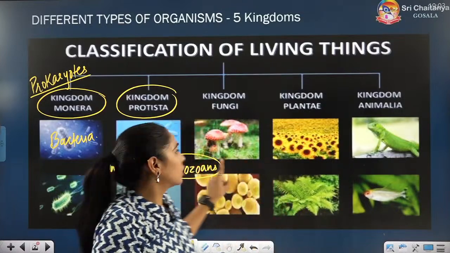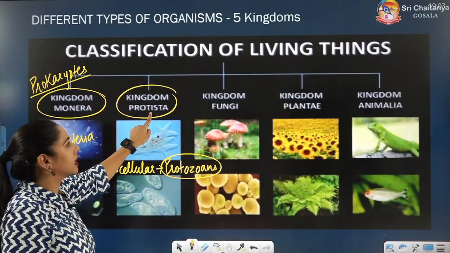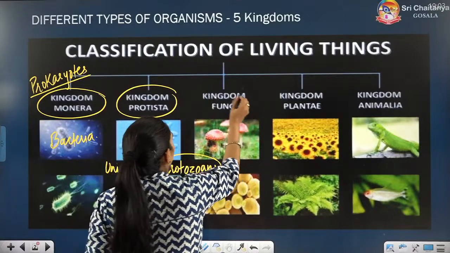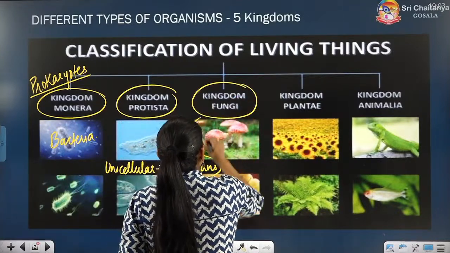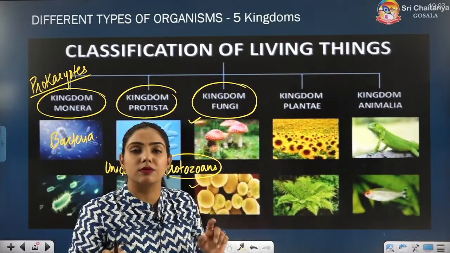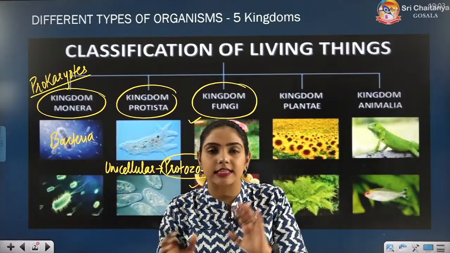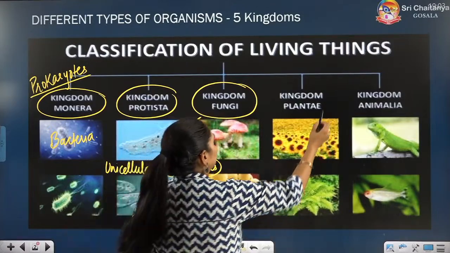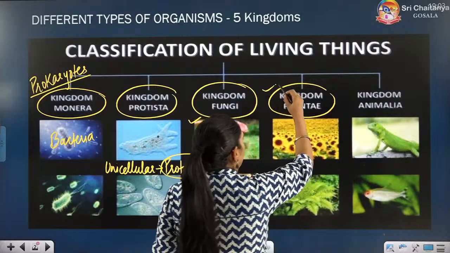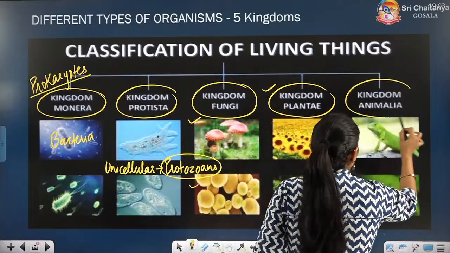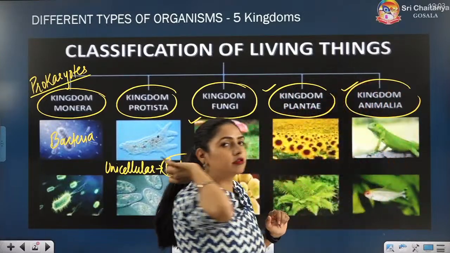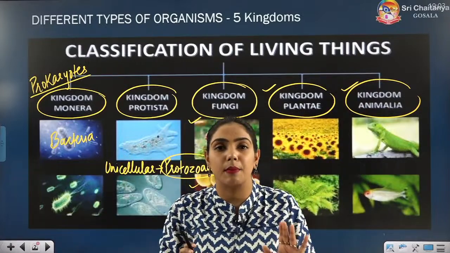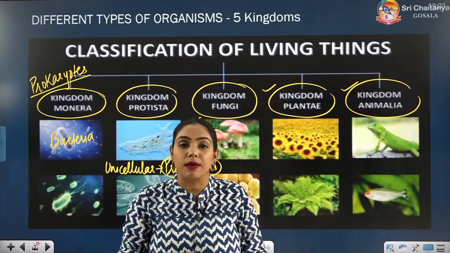Protozoans are included in the kingdom Protista. In kingdom Fungi, we study fungi, yeast, mushroom, all this as a separate kingdom. Kingdom Plantae will include all the plants, and kingdom Animalia will include all the animals. So today we are going to discuss the kingdom Animalia.